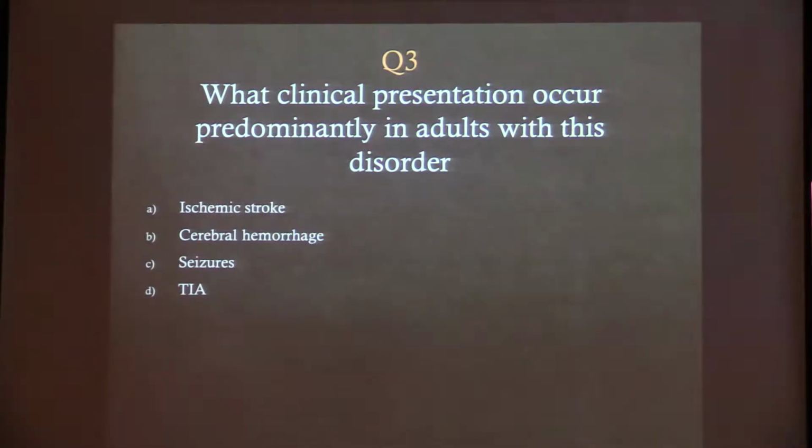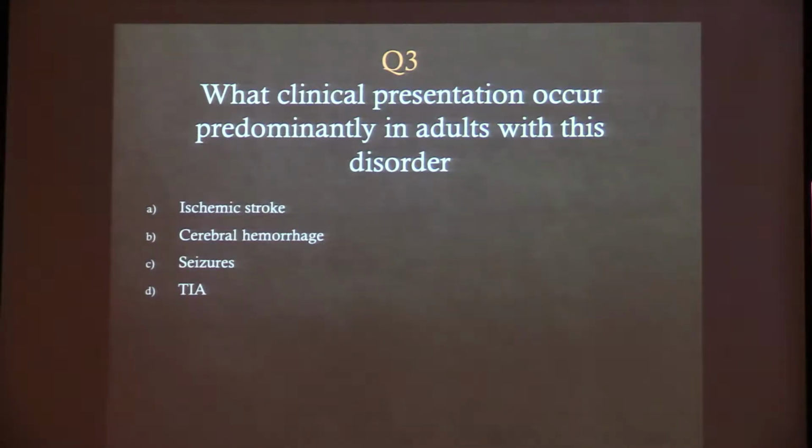The next question is about Moyamoya disease. What is the clinical presentation which occurs predominantly in adults with Moyamoya disease in comparison to children? The first option is ischemic stroke. The second option is cerebral hemorrhage. The third option is seizures.